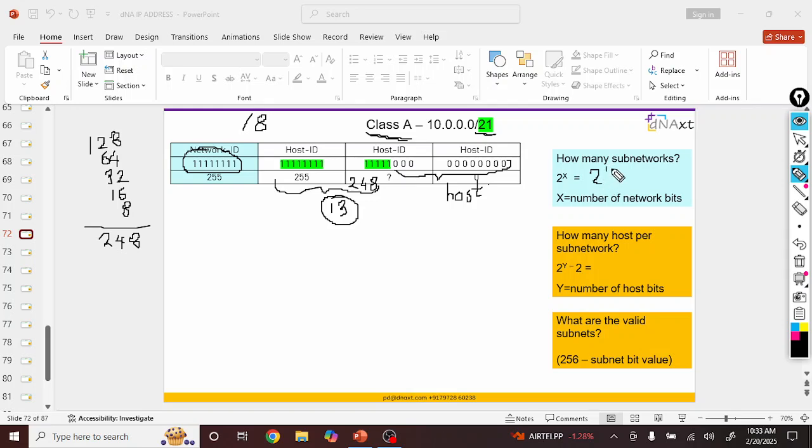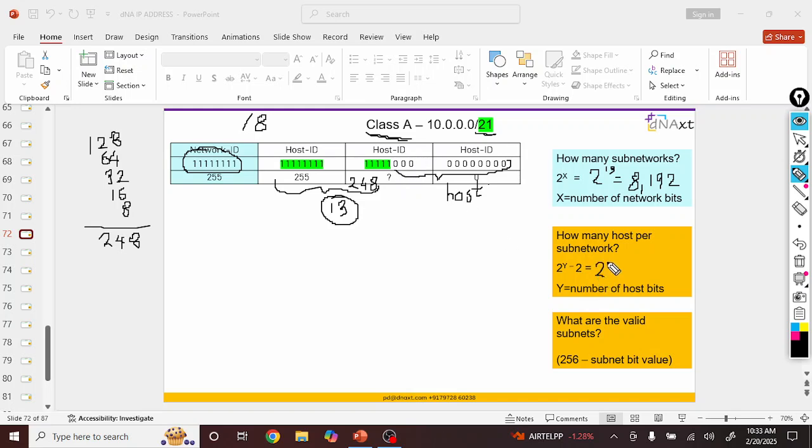How many subnetworks are we going to get when we borrow 13 bits from the host? 2 to the power 13. That means 8192 subnetworks we are going to get. How many hosts per subnetwork are we going to get? That is 2 to the power y, where y is the number of host bits. How many host bits do we have? 8, 9, 10, 11.